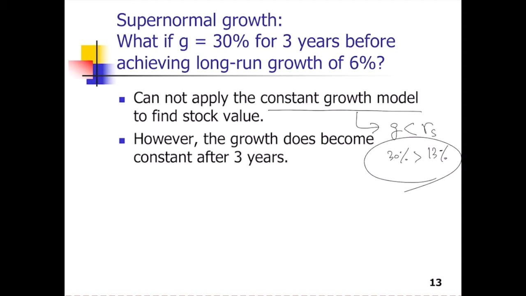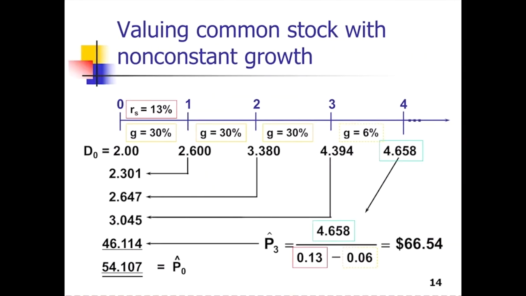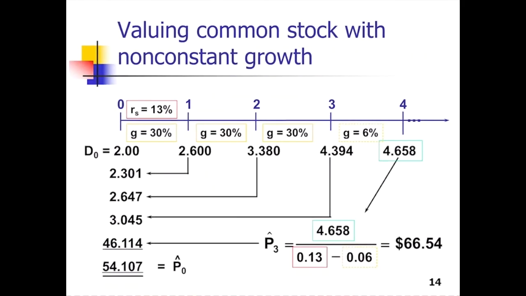However, the growth does become constant after 3 years. So let's check in the timeline. As you can see, after 3 years, the dividend grows at a constant rate smaller than RS. So we can write this as RS is larger than G, so we can apply the constant growth model.